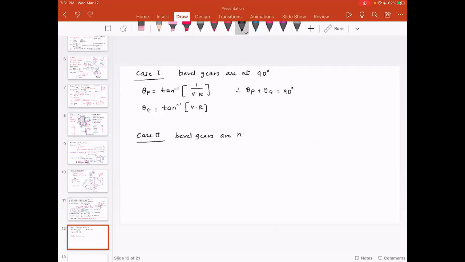The alternate relationship is given as theta p is equal to tan inverse of sine theta s divided by velocity ratio plus cosine of theta s.